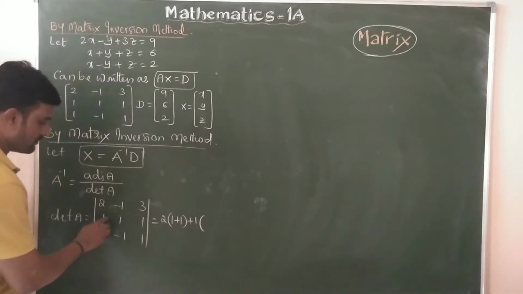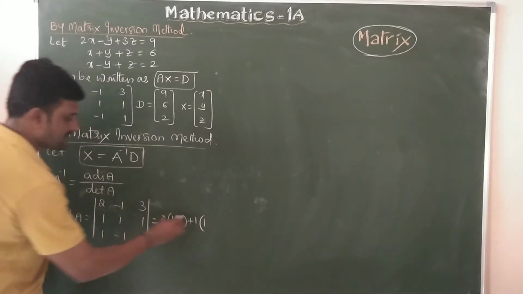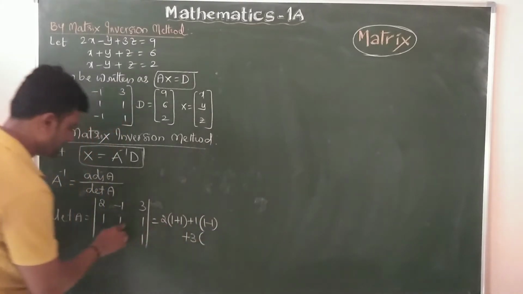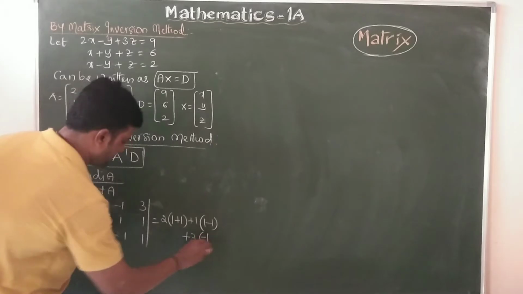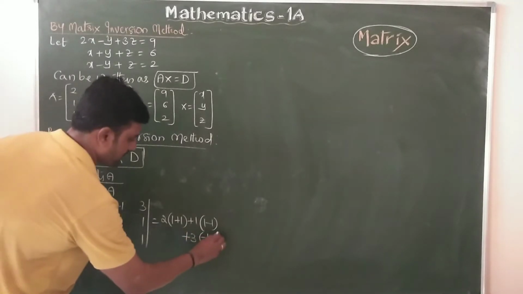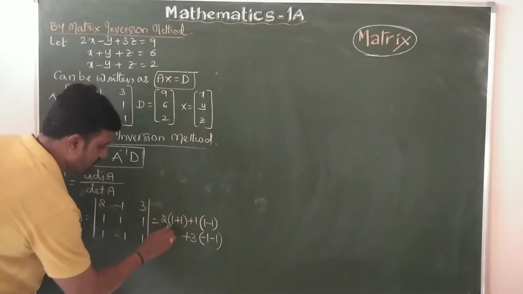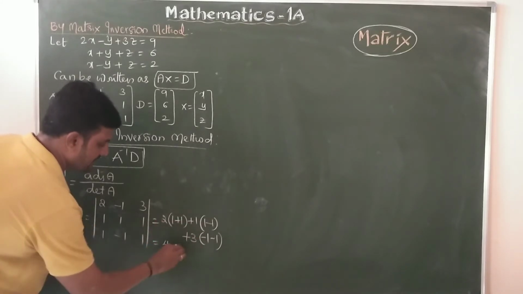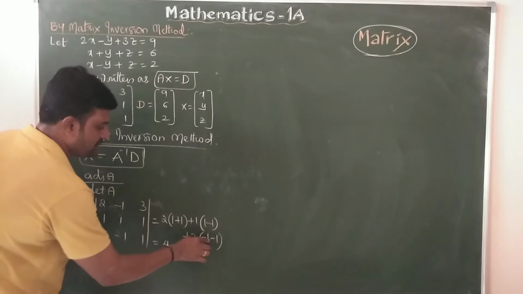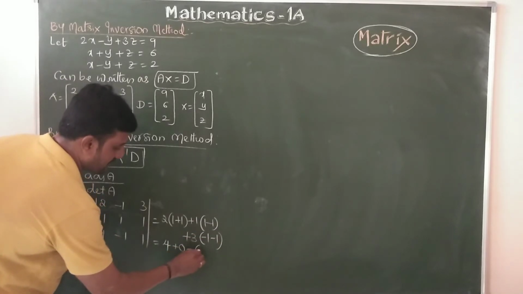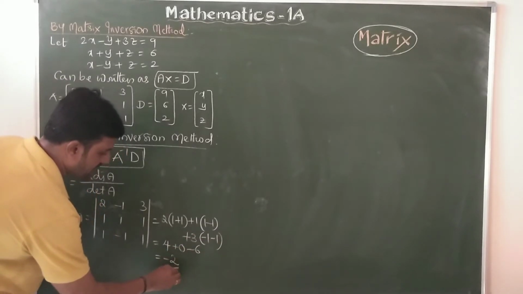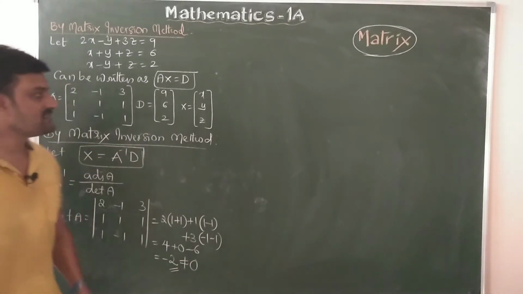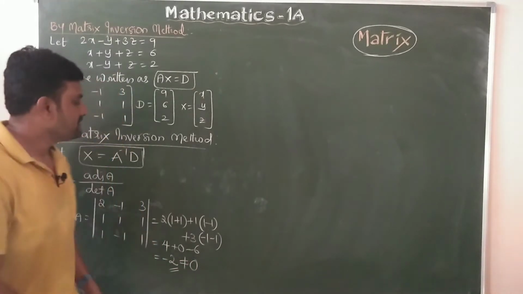Then 1 minus 1, and plus 3 into minus 1 and minus 1. Then 2 into 2 is 4, 1 minus 1 is 0. Now 3 into minus 2 is minus 6, so that equals minus 2, not equal to 0. Now A is a non-singular matrix.